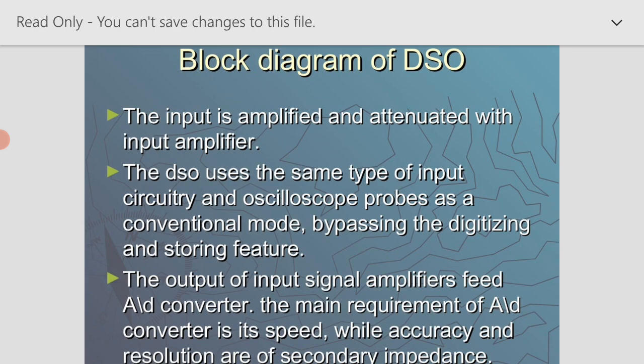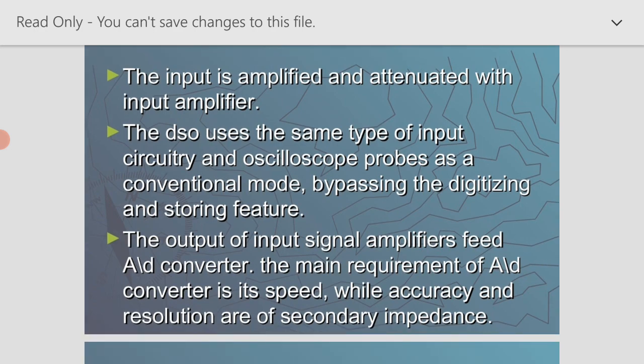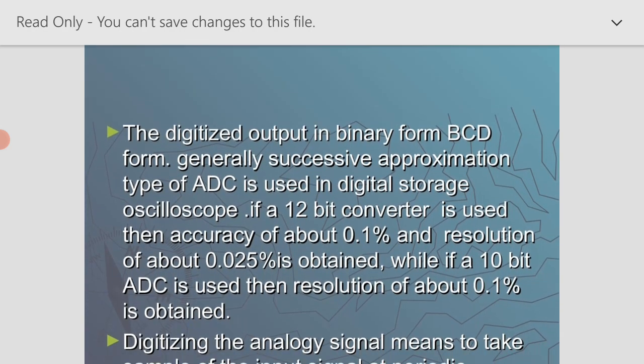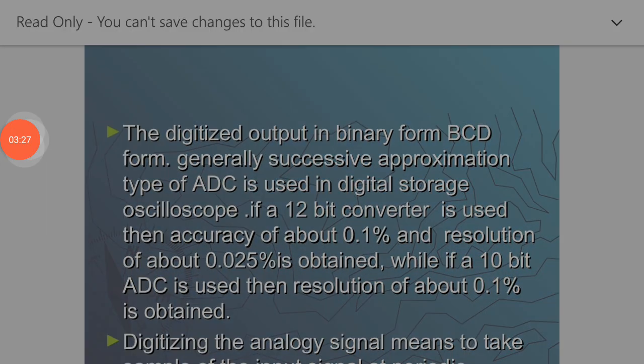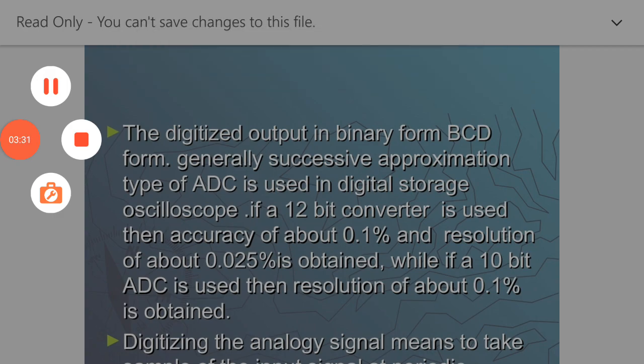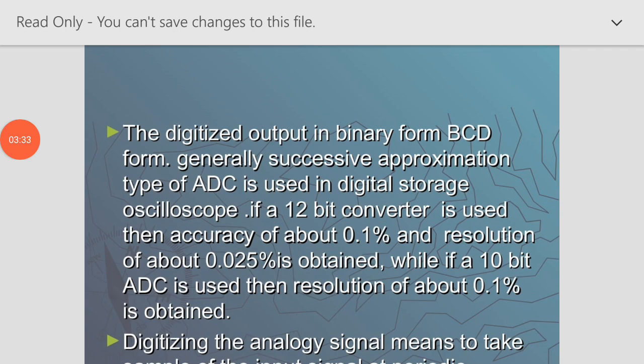The main requirement of the A to D converter is its speed, while accuracy and resolution are of secondary importance. The digitized output is in binary or BCD form; generally a successive approximation type of ADC is used in a digital storage oscilloscope.